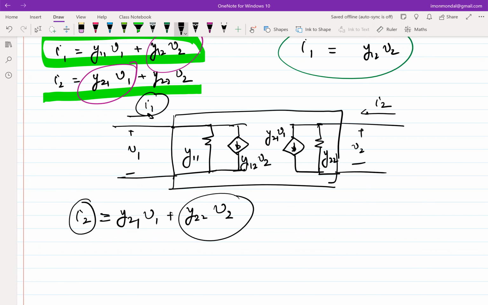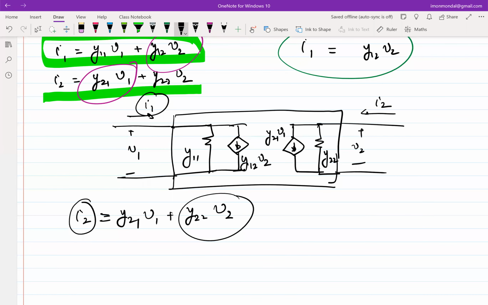Now if it's directly proportional to the voltage across its own port, that is a resistor. That is the Y22 V2. But if it is proportional to some other voltage at some other terminal, then obviously it's a dependent source. And since this is spitting out current, and the current is proportional to the voltage across port 1, it's a voltage controlled current source.